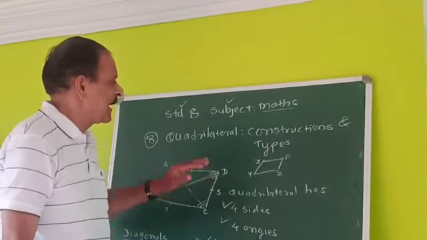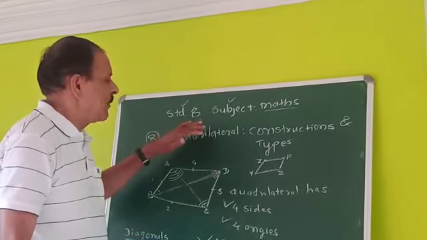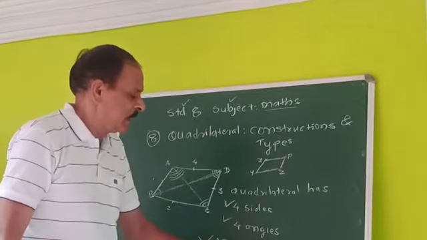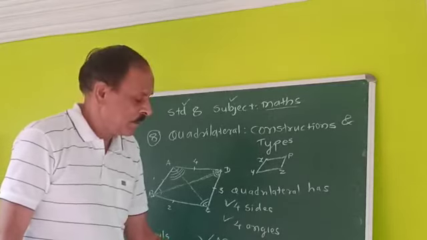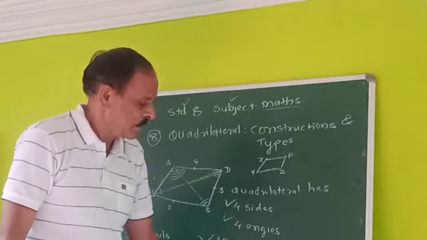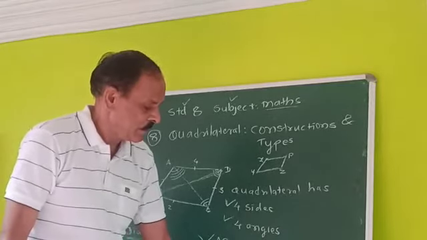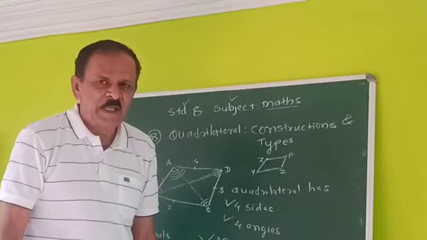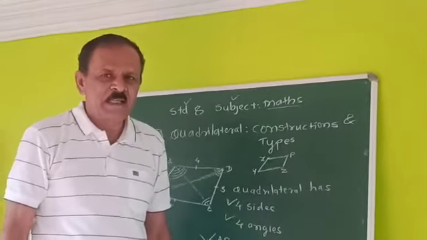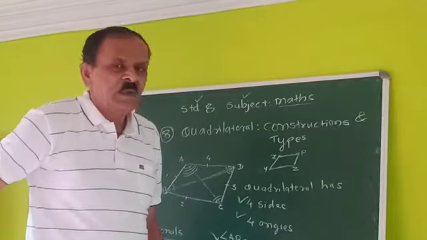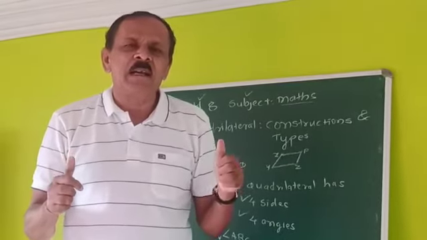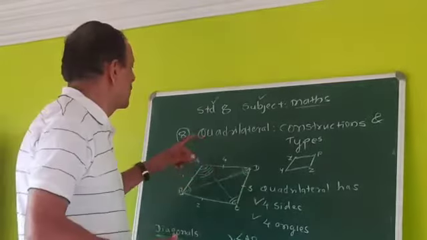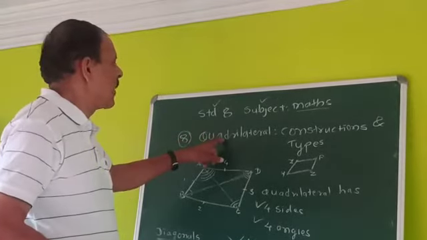So, Nipun, you tell me how many kinds of quadrilaterals are there? There are square, rectangle, parallelogram, rhombus, and trapezium. Okay, so in this manner, it is an important part of the lesson on quadrilateral.